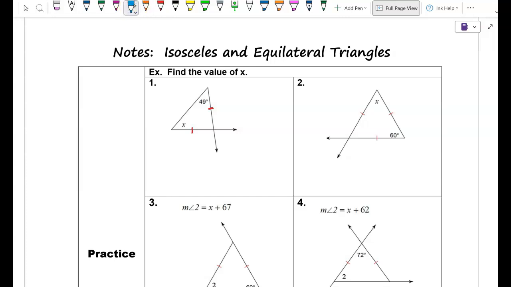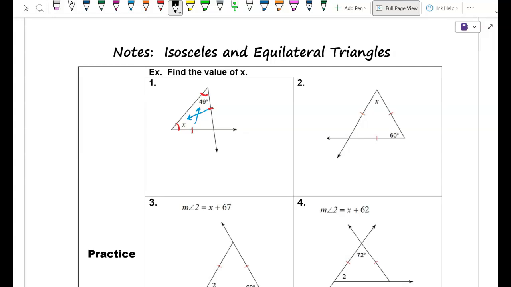They're showing me that two of the sides are congruent. So we just said in the isosceles triangle theorem, if two sides are congruent, then the angles opposite those sides are congruent, which means that this angle here would have to be congruent to this angle here. Now, in this particular example, there's no math to do, because if one of the angles is 49 degrees, what does the other angle have to be? 49 degrees.